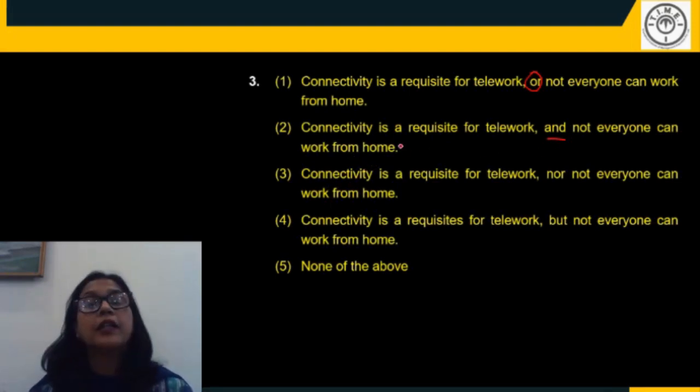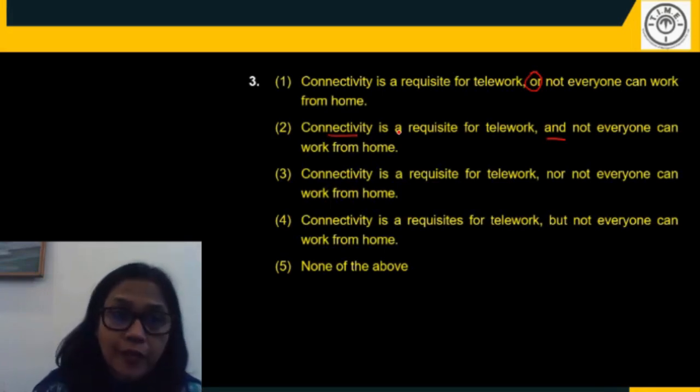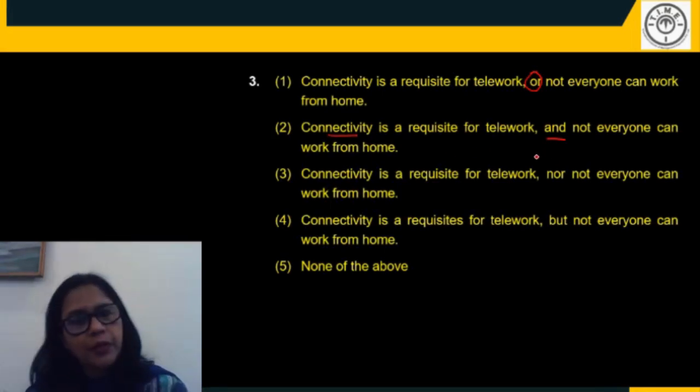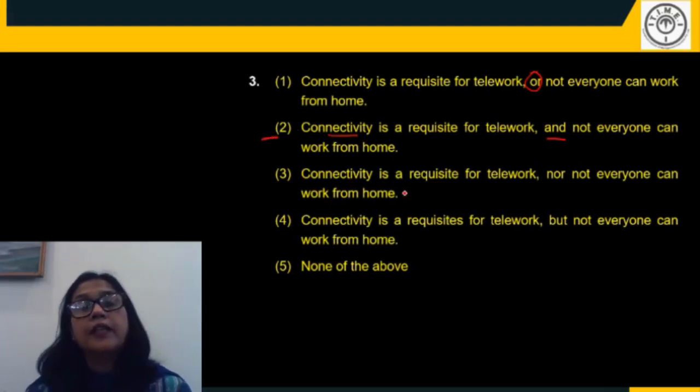Yes, because if a person does not have connectivity, then the person will not be able to do any kind of telework. So this makes sense, right? The third one, connectivity is a requisite for work, nor not everyone can work from home. Grammatically also incorrect and structurally also the sentence is improper.